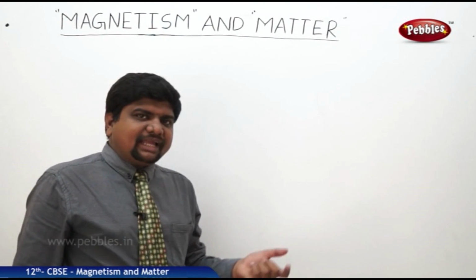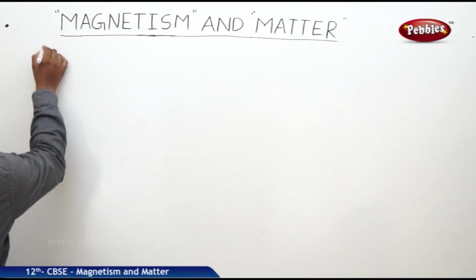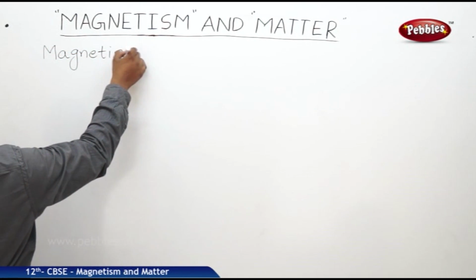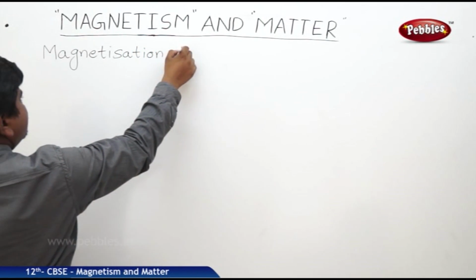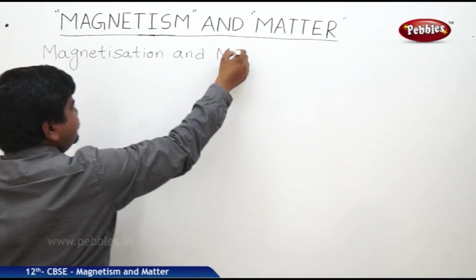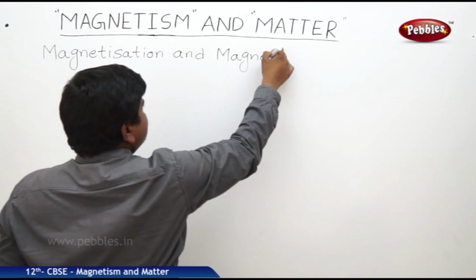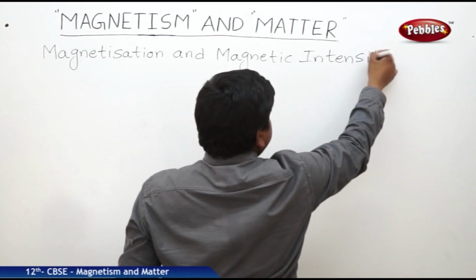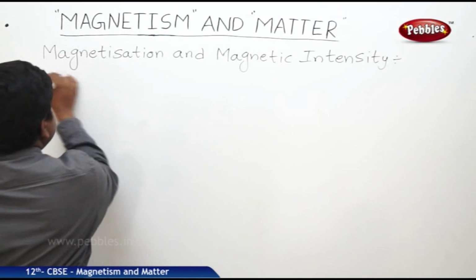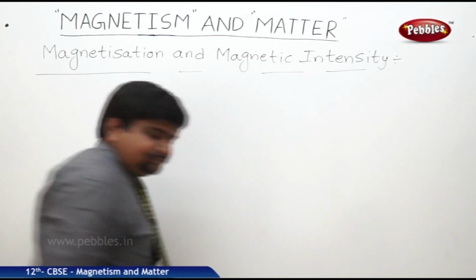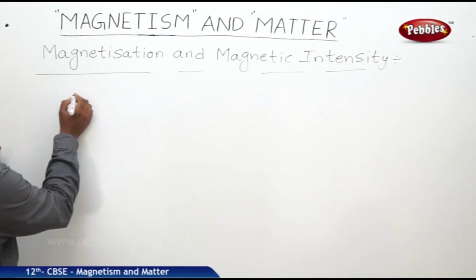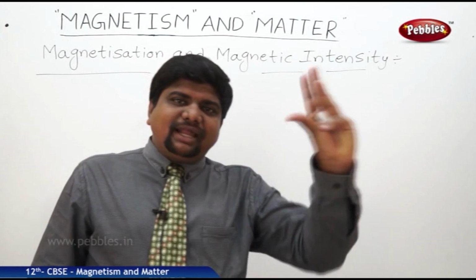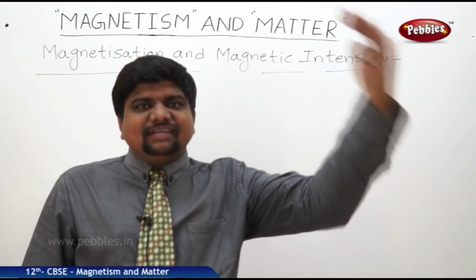The next concept is magnetization and magnetic intensity. These two concepts are correlated to each other. If you take a solenoid, its interior contains two different magnetic fields, the interior field and the exterior field.